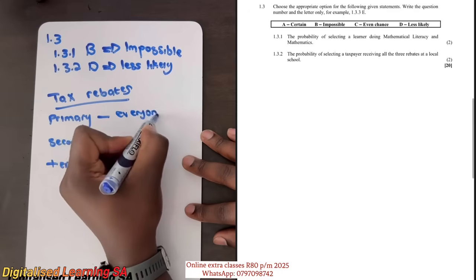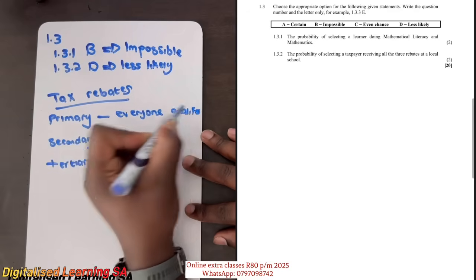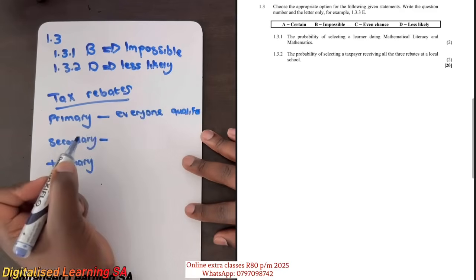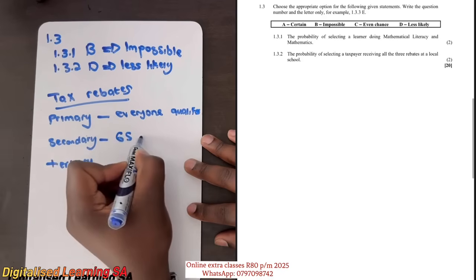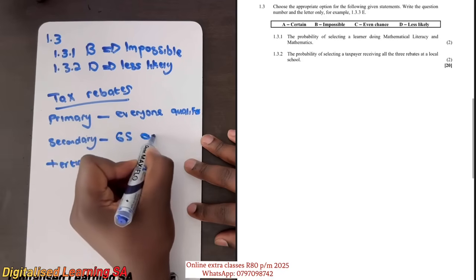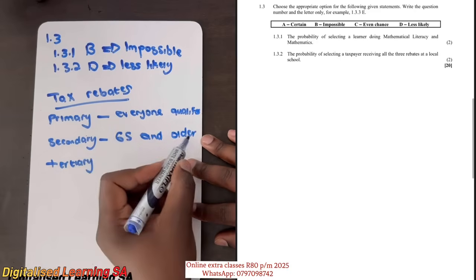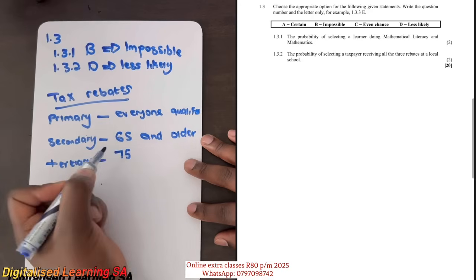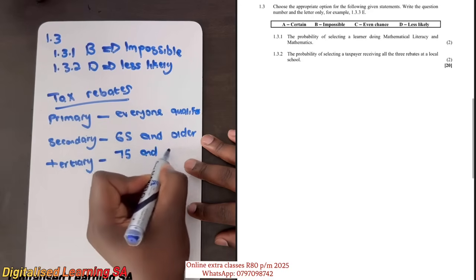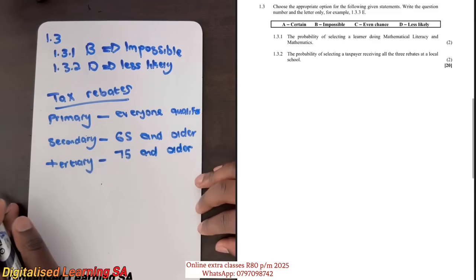The secondary rebate, only workers who are 65 years and older qualify. And the tertiary one, only workers who are 75 years and older qualify. So in this case, we are told the probability of selecting a taxpayer receiving all 3 rebates.